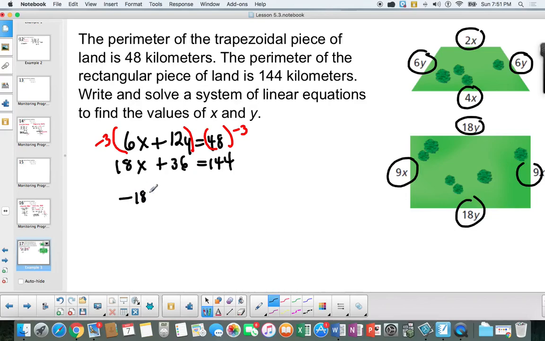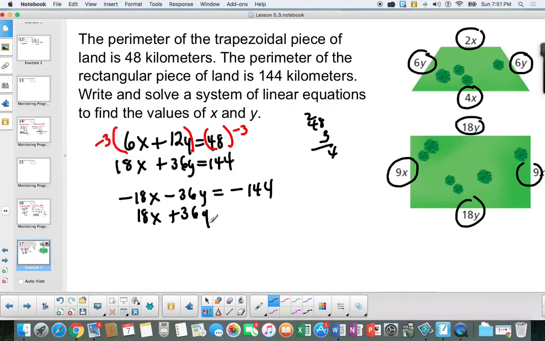So this is going to be -18x minus 36y equals negative 144, and then this underneath will be 18x plus 36y is equal to 144. When I add, I get 0 equal to 0, which means there's an infinite number of solutions. Lots of answers will work.